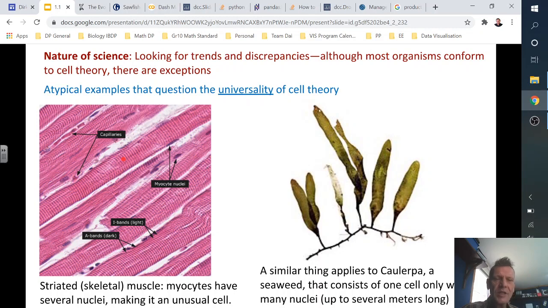They have more nuclei per cell, so they actually don't follow that whole idea that a cell is the smallest unit of life, because they are combined cells together. And we see that also in plant life. There are seaweeds that consist of big cells, basically very big cells with many nuclei. So their smallest unit is not so much the cell, but something bigger.